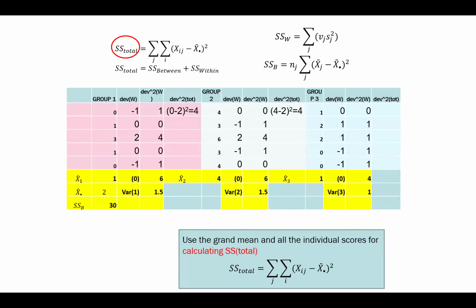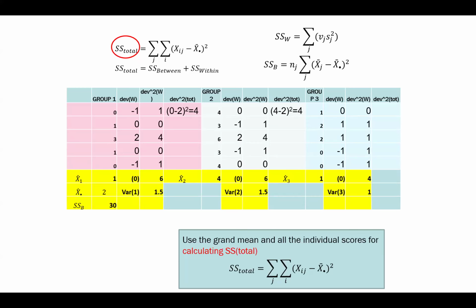So I've done the first couple for you. For the first case in group 1, that's x1,1, the value is 0. The grand mean is 2. So it's 0 minus 2, that's its deviation, squared. 0 minus 2 is -2, squared is 4. So that is that score's squared deviation from the grand mean.